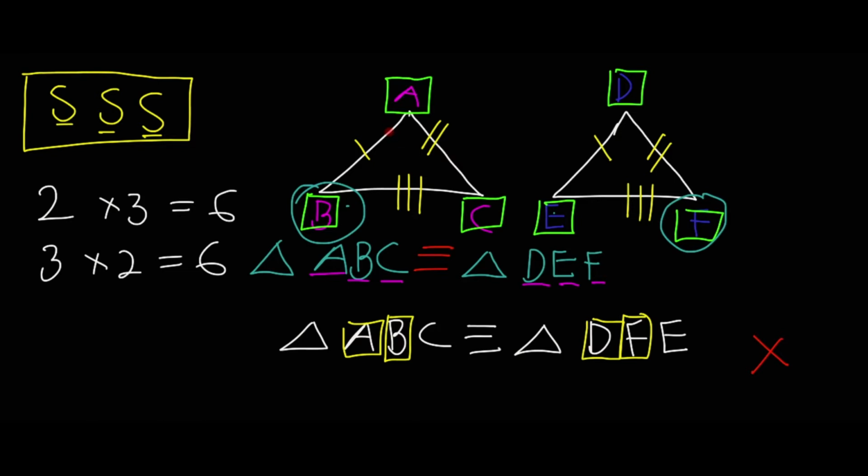So angle A corresponds to angle D, angle B to angle E, and angle C to angle F. But if we say angle A is angle E, this is wrong. That is why the order is always important.